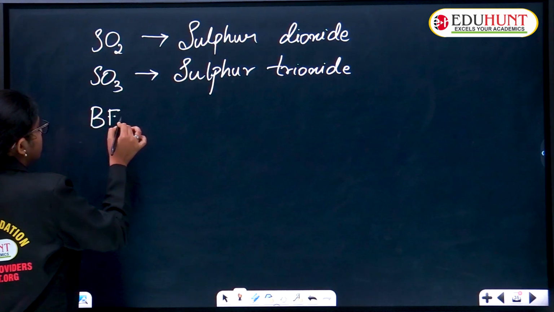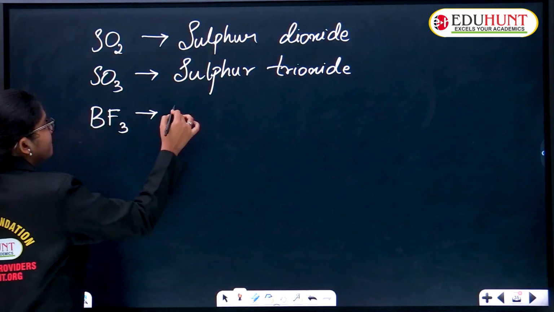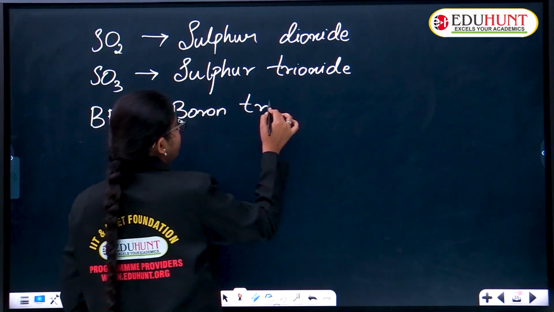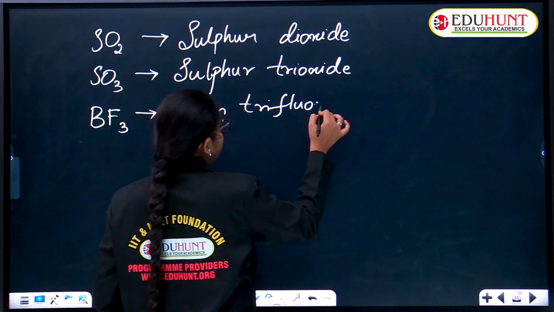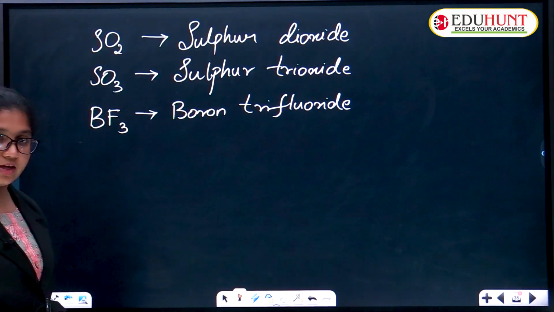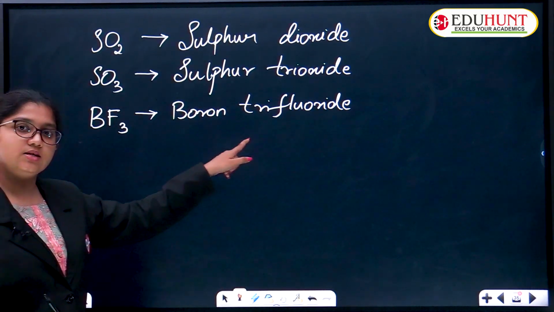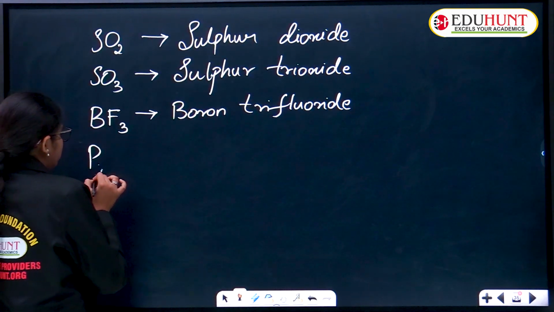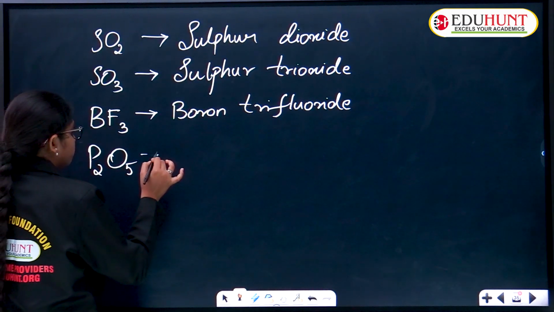What else do we have? BF3 is boron trifluoride: B means boron, F3 means trifluoride. The fourth one is P2O5.